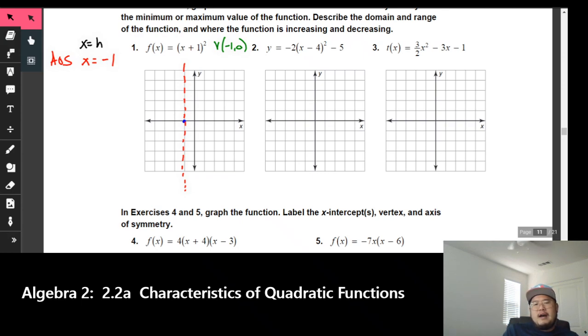I look at my a value next, because now it says find the minimum or maximum value of the function. All right, so if a is positive, then this means that we have ourselves a minimum, because the parabola will go upwards.